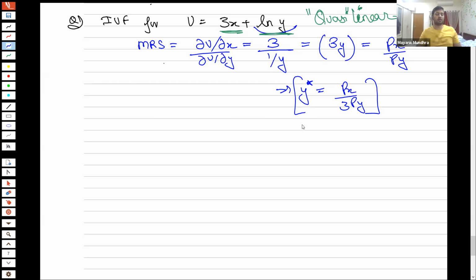So now what we get is that the optimal amount of good y is this much. How do we find the optimal amount of good x now? Using the budget constraint. The budget constraint is Px x star plus Py y star equals income.